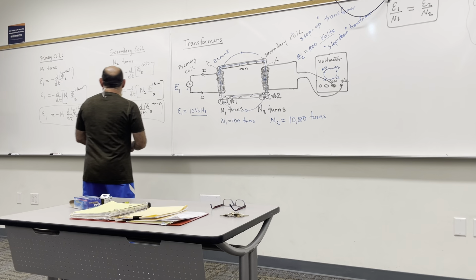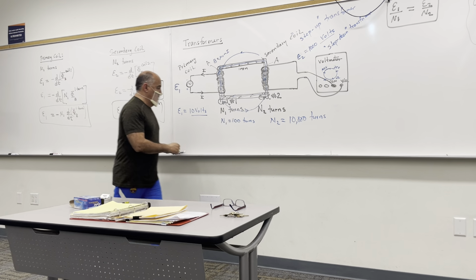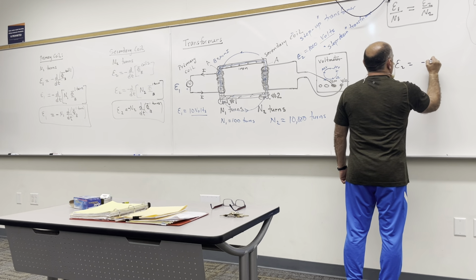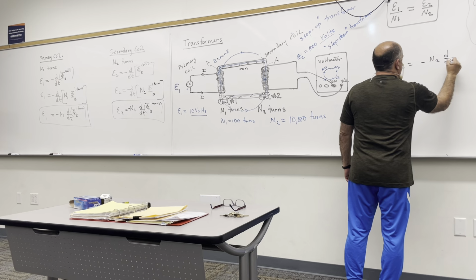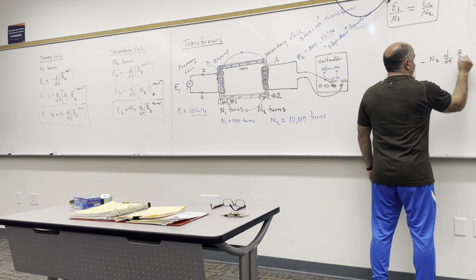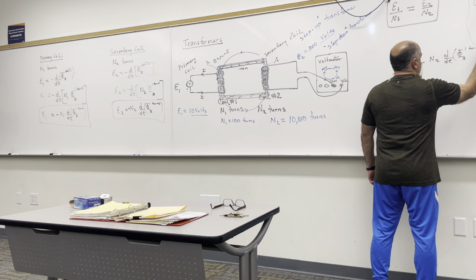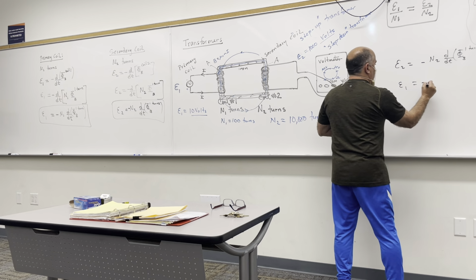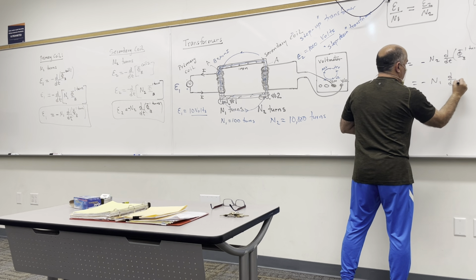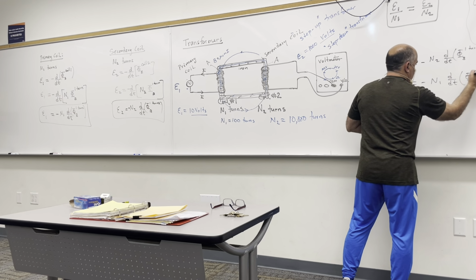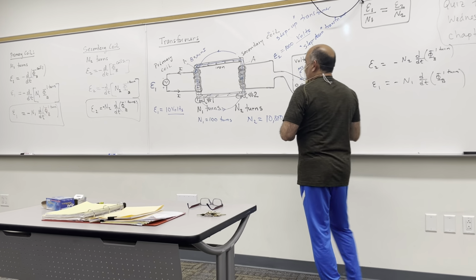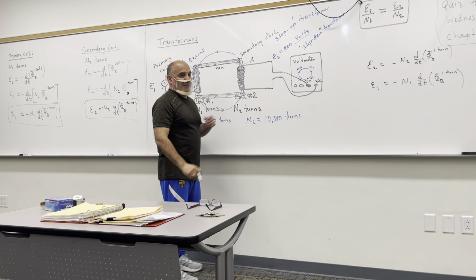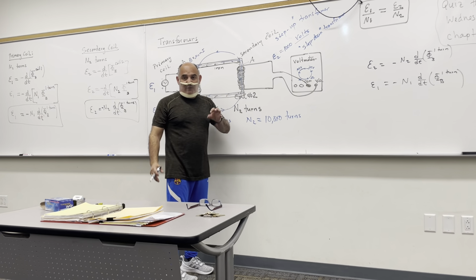So if you take this equation, E2 equals minus N2 d/dt of the magnetic flux through one turn, and the other equation, E1 equals minus N1 d/dt of the magnetic flux through just one turn. If all of this magnetic field goes through there and this area is the same as that, then the magnetic flux for each loop, for each turn, is the same.